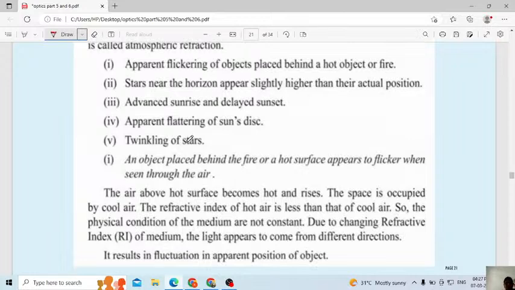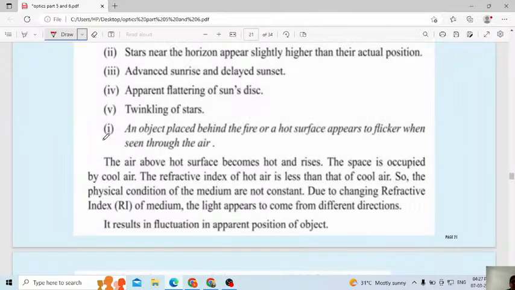An object placed behind the fire or hot surface appears to flicker when seen through the air. This is the first example here. The air above the hot surface becomes hot and rises. The space is occupied by cool air. The refractive index of hot air is less than that of cool air. Here, see, assume this is the surface of the land.